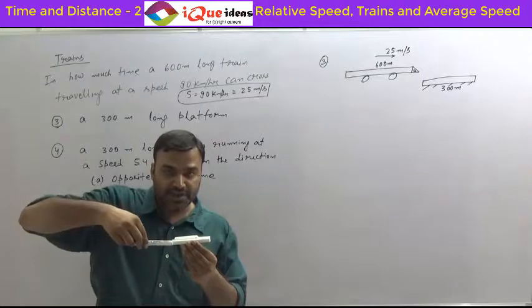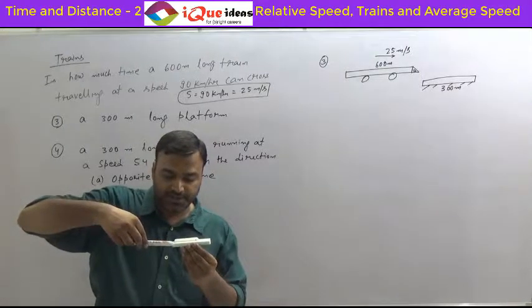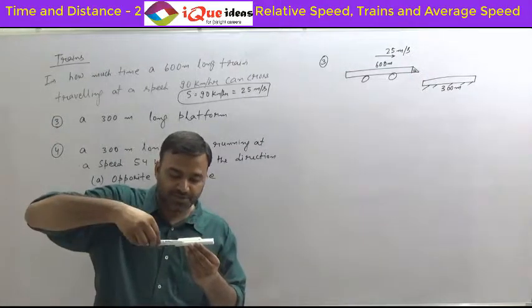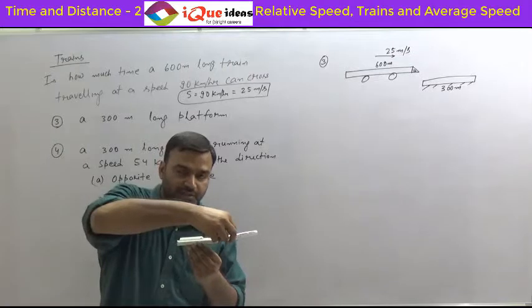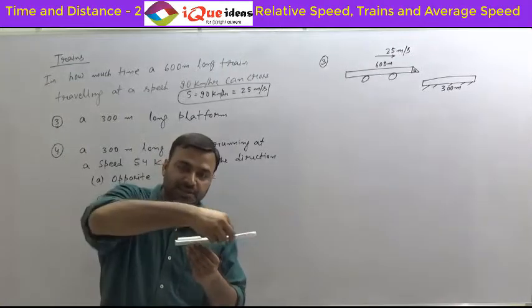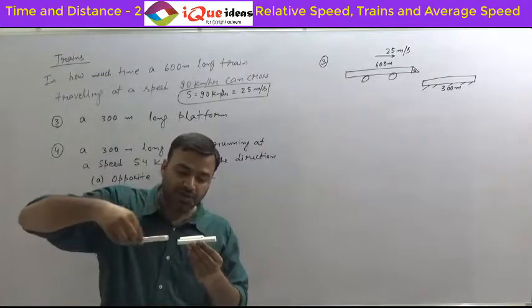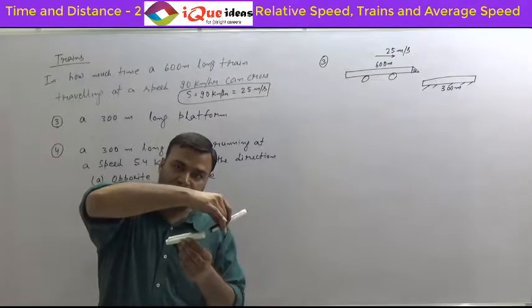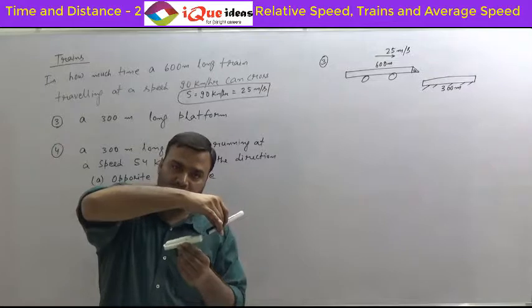But the distance traveled by the train overall is its own length and the bridge length, or the platform length. So what is the total distance traveled? The length of the train plus the length of the bridge, platform, or other train.